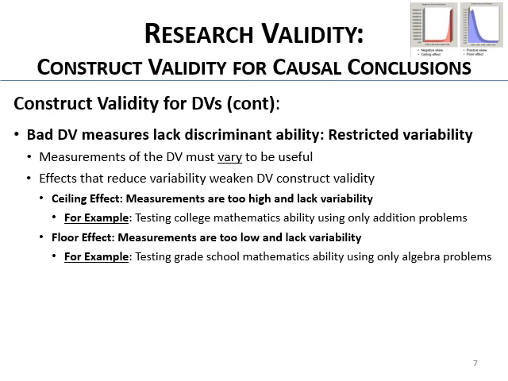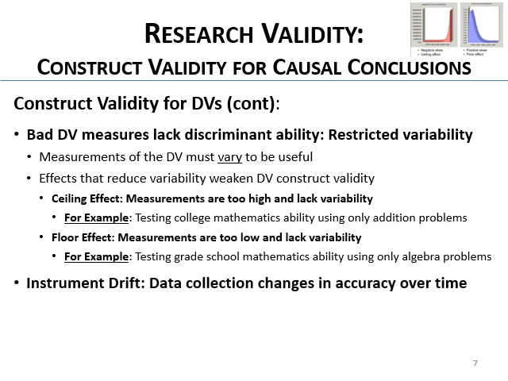So that would be the flip side of the prior example, where you're doing a study with grade school students on their mathematics ability, and you have them all do crazy algebra problems. Everyone's just going to blow it, right? So you're going to end up with a problem with variability, and therefore construct validity for your DV. Everyone's going to get a low score. We call that a floor effect.